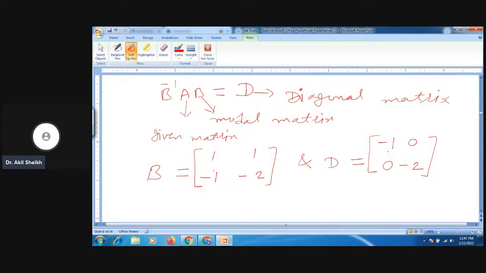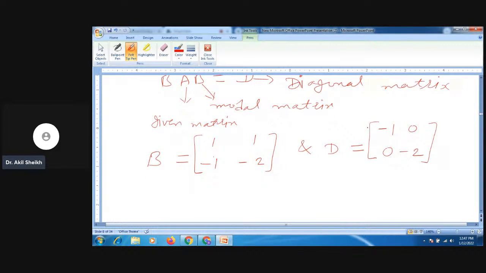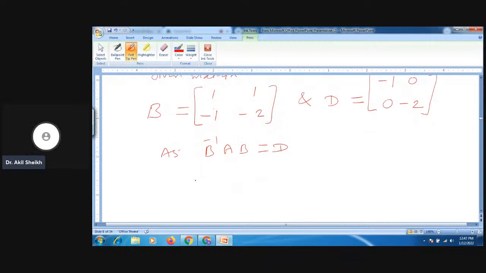Now from the equation above, B inverse A B equals capital D. But here we are interested in finding the value of capital A. So first of all we have to remove this B inverse.